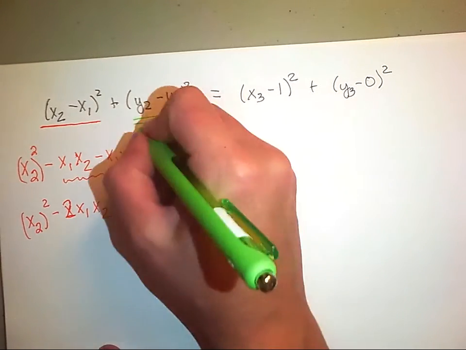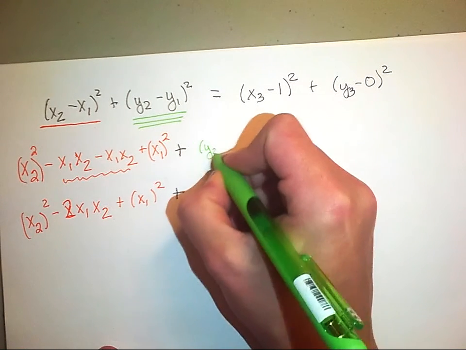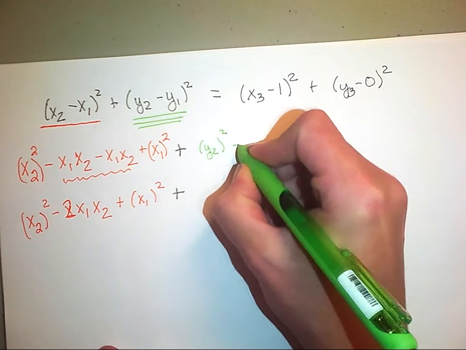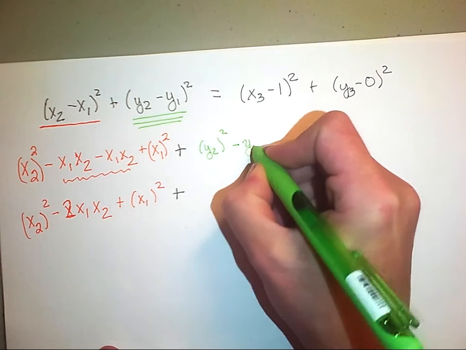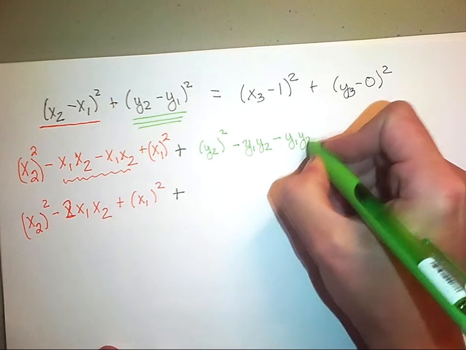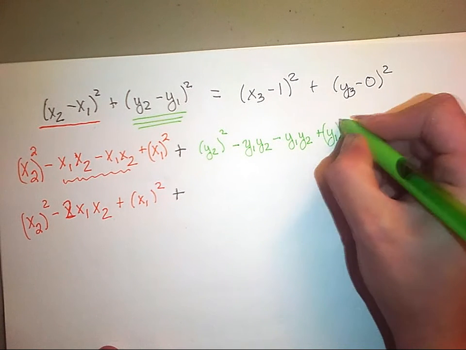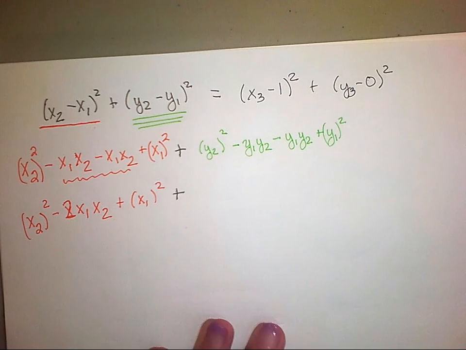Let's expand this one. If we expand that, we get y sub 2 squared minus y1 y2 minus another y1 y2 plus y sub 1 squared.